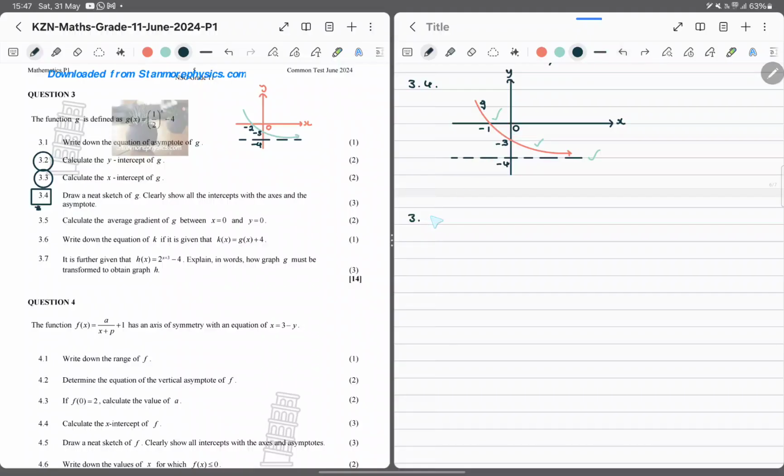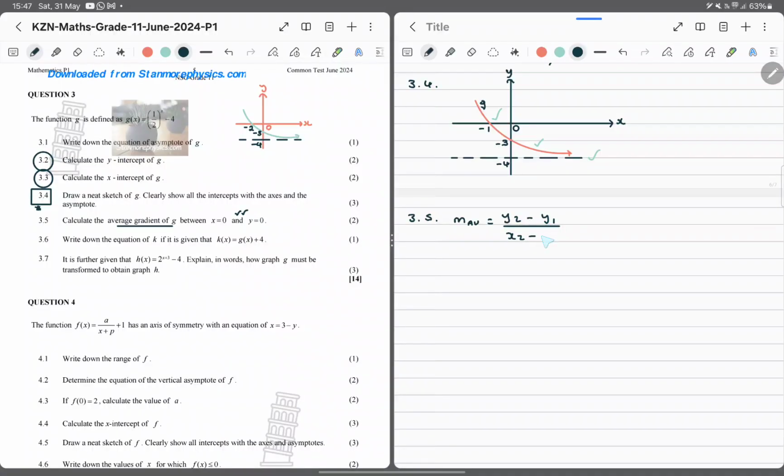3.5. It says calculate the average gradient between the intercepts. Okay, the x and the y intercepts. Okay, so we know that the m average is going to be, at this point we can just decide, because we didn't call these ones anything, I suppose we can now write the generic formula.